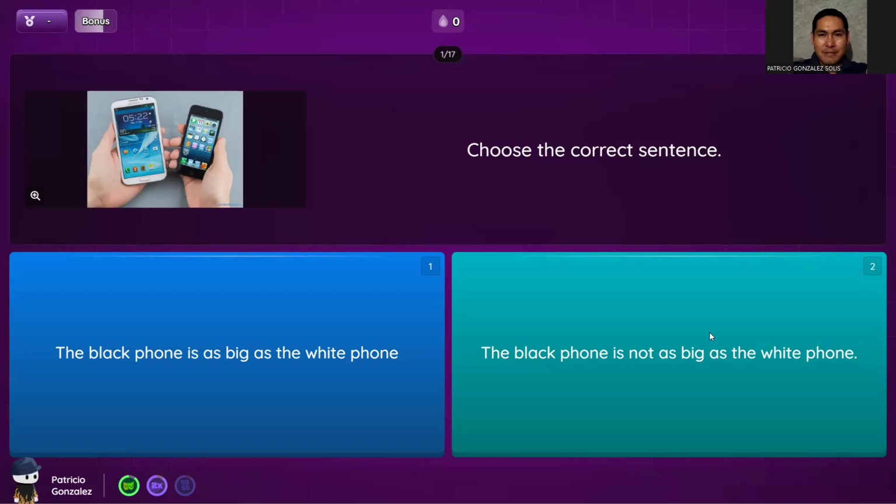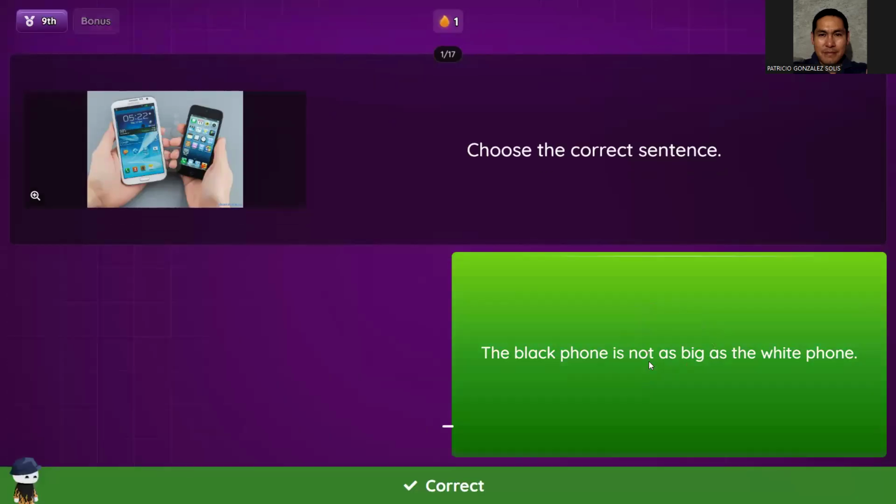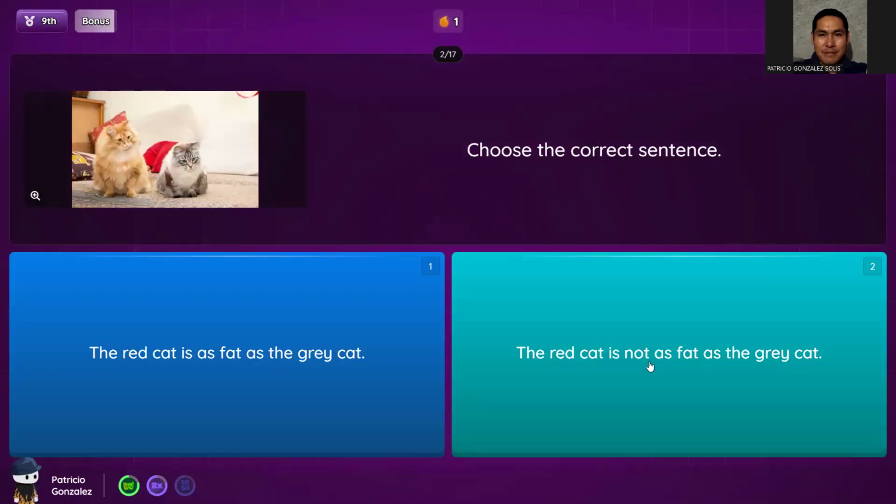My dear Esmeralda, are you there? Yes, teacher, the black phone is not as big as the white phone. Okay. So the first one, option 2, the second one. Second option. Oh, negative. You're right. That is right.